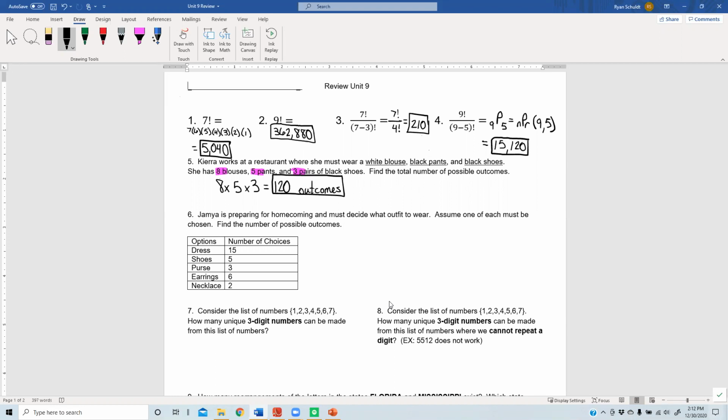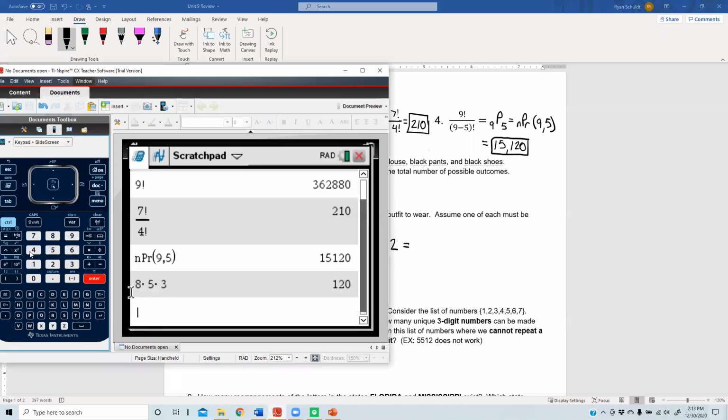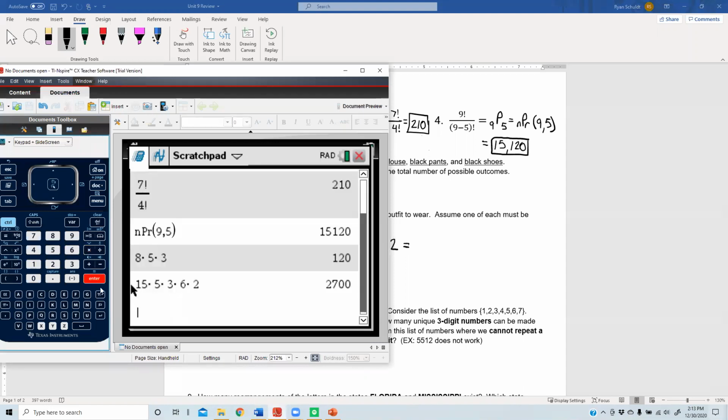Number 6 is just like it. Jemiah is preparing for homecoming and must decide what outfit to wear. Assume one of each must be chosen. Find the number of outcomes. Well, we just go down the table and multiply. 15 times 5 times 3 times 6 times 2. 2,700.